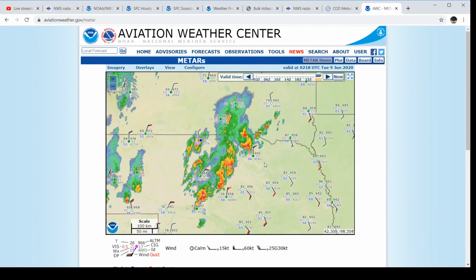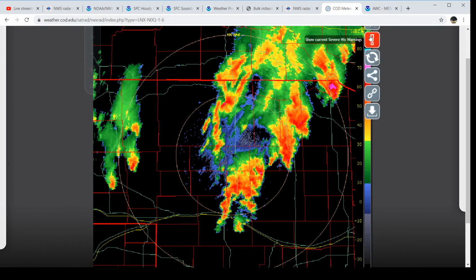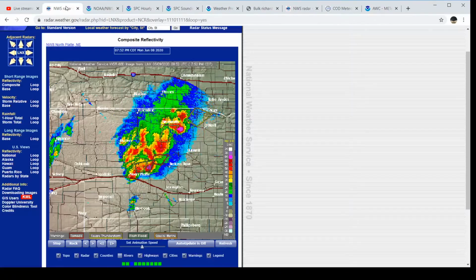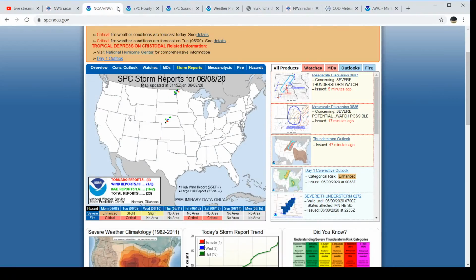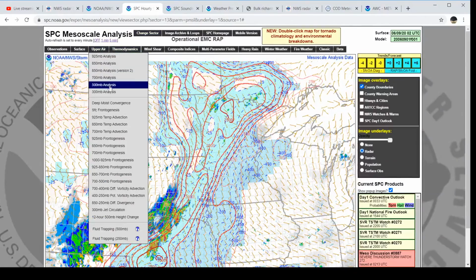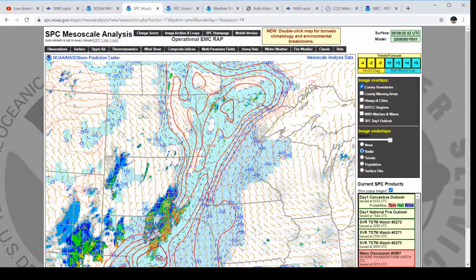Our winds on the ground are heading this way. From the north. Very interesting. Let's see if I overlooked something. Okay, we got a severe thunderstorm warning. Okay. Let's see if I missed something. Let's go to 925. These are the lowest winds.